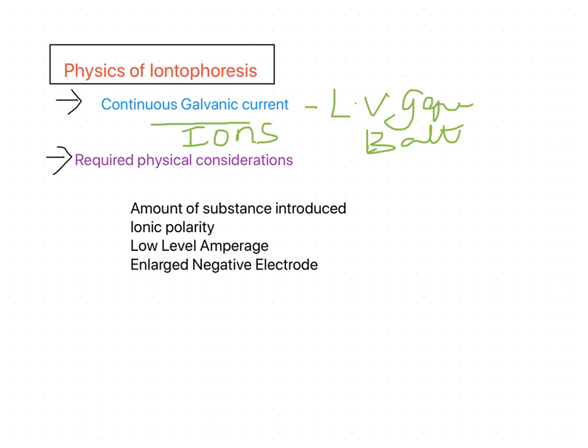The selection of the specific substance depends on the target reaction or condition, so the substance we use depends upon the condition or reaction we want to achieve. The technique is completely non-invasive.